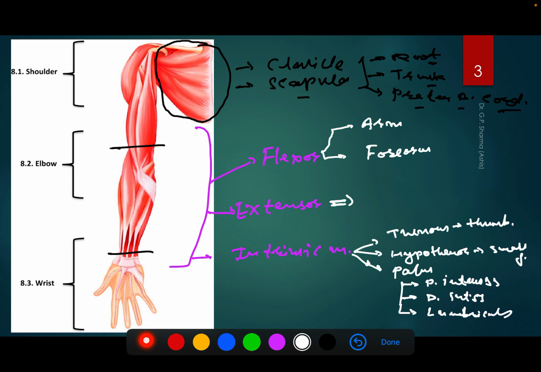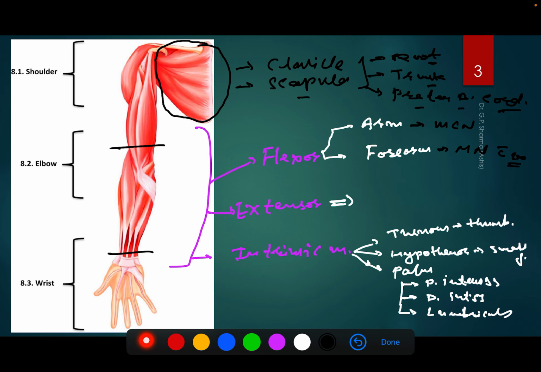So if we have to think this way, then with some exceptions, let's make a general rule here. The flexors of the arm, these are supplied by musculocutaneous nerve. The flexors of the forearm, these are supplied by median nerve, with some exceptions here.